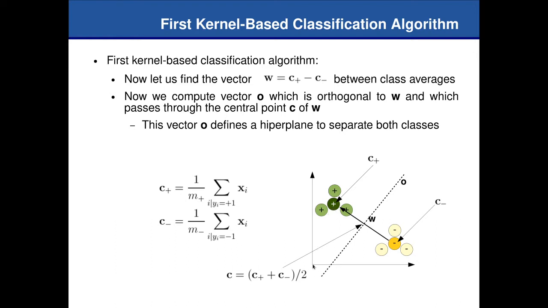And the negative happens in the same way. It's a position vector that leaves the 0, 0 and goes up to this central position. So my point is when I subtract C minus from C plus, I will obtain this vector W over here.